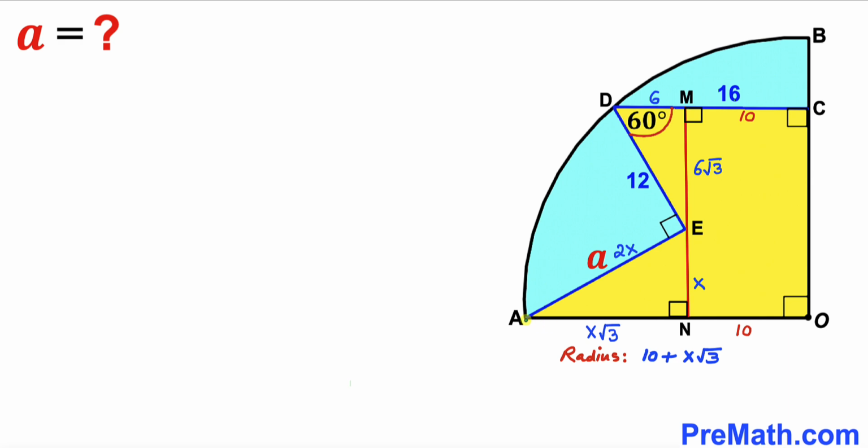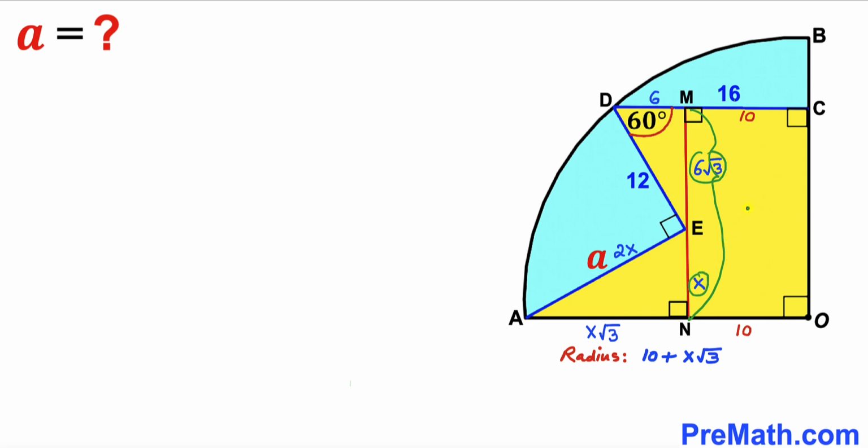We can see that this AO is also the radius of this quarter circle. So our radius for this quarter circle is 10 plus x times square root of 3. Now let's make an observation on this vertical side. This MN length is the sum of these two individual lengths, 6 times square root of 3 plus x.